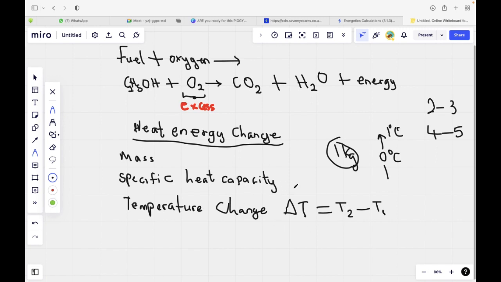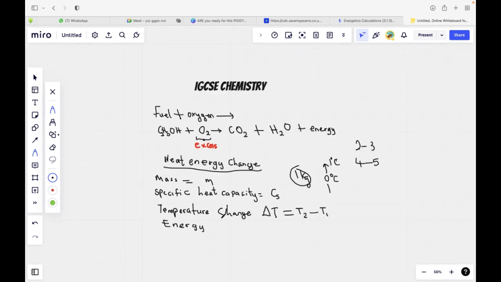Now let's put the specific heat capacity. I love to put a small s, C s, here. Most textbooks don't put this s, I just love to put it. And then the mass you already know is m. Now, to get the energy, because this is about calculating the heat energy that occurs during a chemical reaction, how do we calculate the energy? We've done this in physics before.